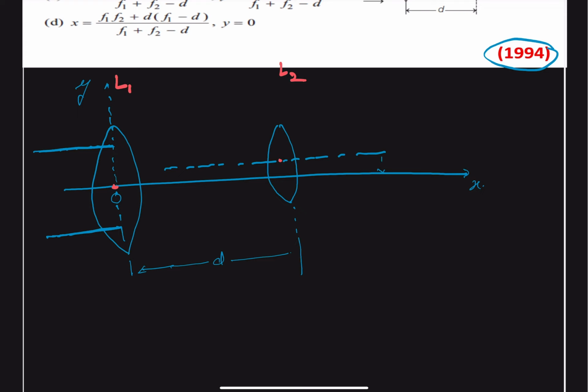This distance is delta. If this ray just passes through the center from here, it will land somewhere here, and the other one is going to converge at this point.